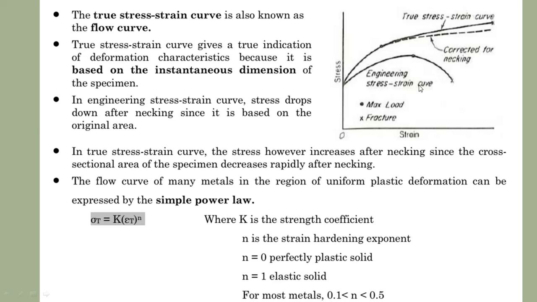So this will be the maximum load here, and this will be the fracture as far as engineering stress is concerned. As far as true stress strain is concerned, there will be no fracture, or fracture only after some point. Here on the x axis we take strain, on the y axis we take stress.